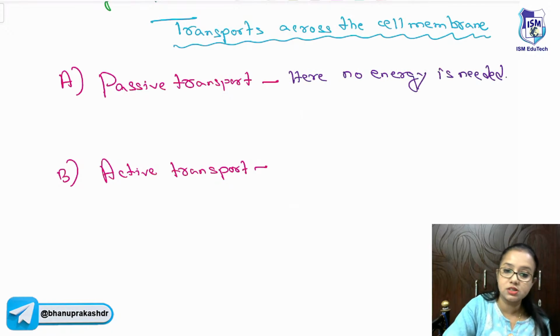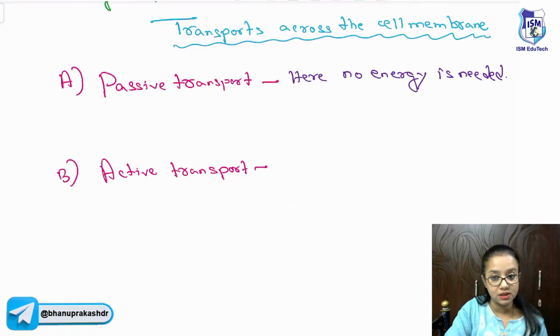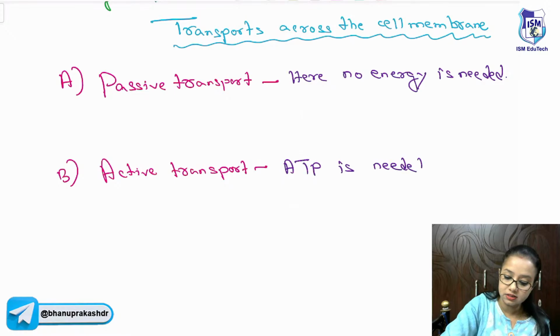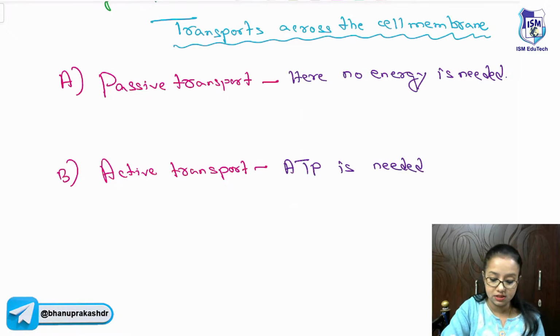Now, the body is constantly making energy in the form of ATP. So whenever there is no usage of ATP during this transportation, it is called passive transport. Whereas in active transport, ATP is needed.